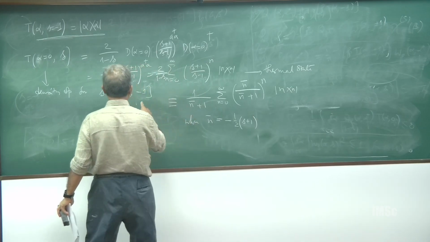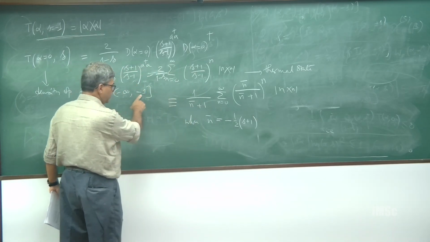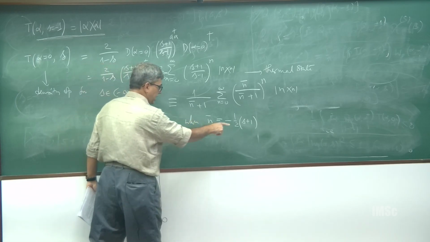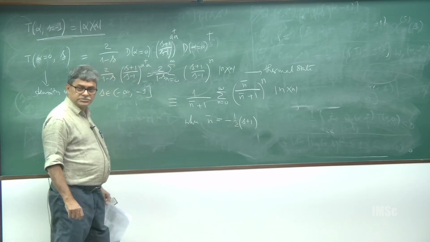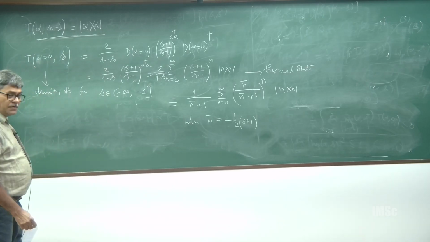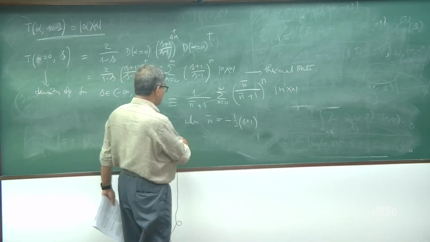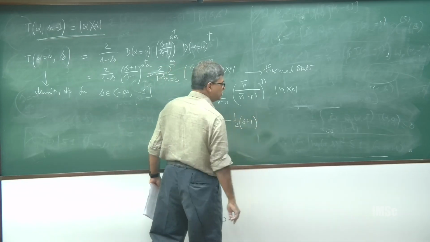You see, because s is less than or equal to minus 1, s plus 1 is negative, and therefore n bar is positive. This is your thermal state distribution.